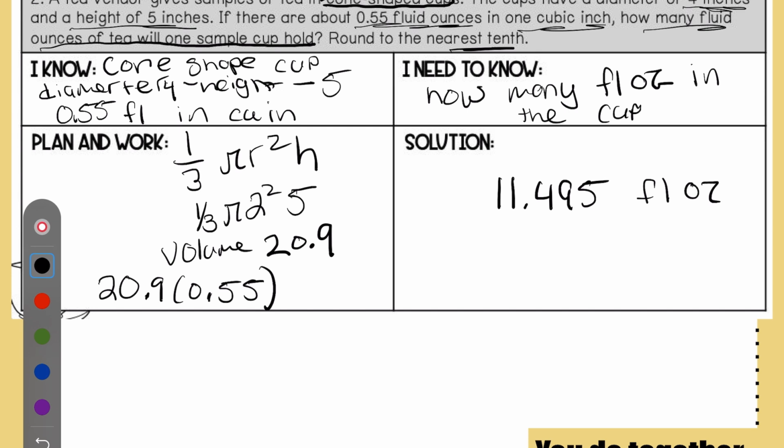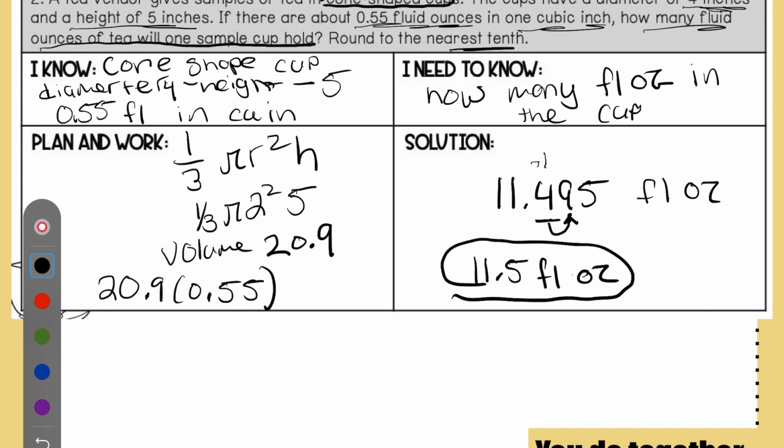In this case, they told us to round to the nearest tenth. So we look at our tenth, we go 1 over. If it is 5 or more, we add 1 to our tenth place. In this case, 9 is 5 or more. So we have 11.5 fluid ounces as our final rounded answer.